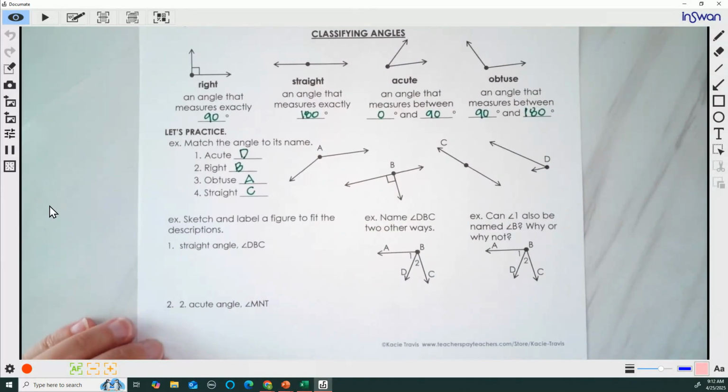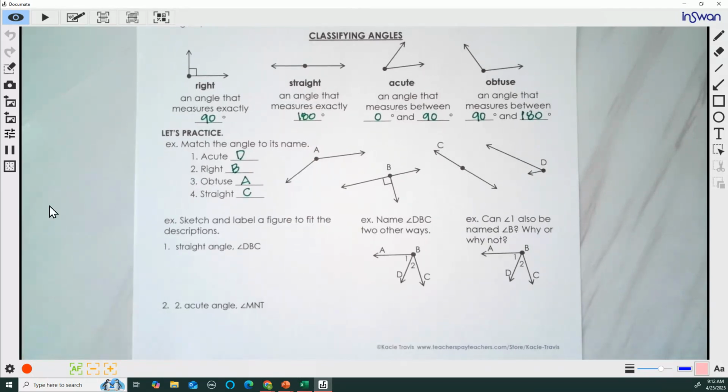First, sketch and label a figure to fit the descriptions. We have a straight angle, angle DBC. I'm going to let you have a chance. You can pause this or go ahead and sketch your own label. And then angle 2, I've got a typo here, is an acute angle, angle MNT.